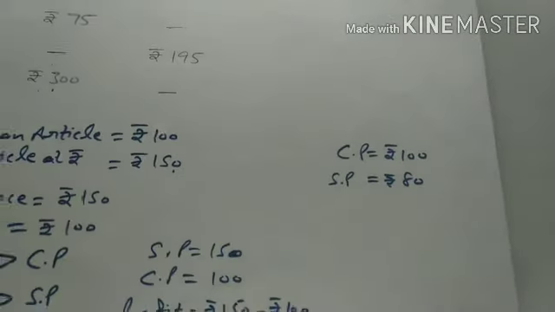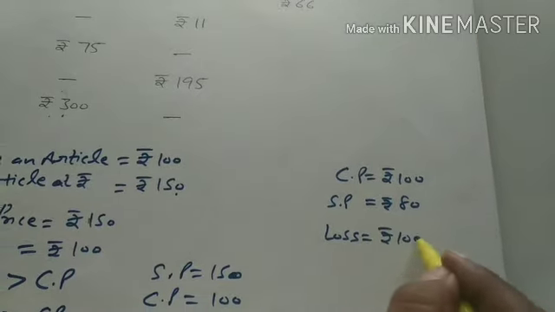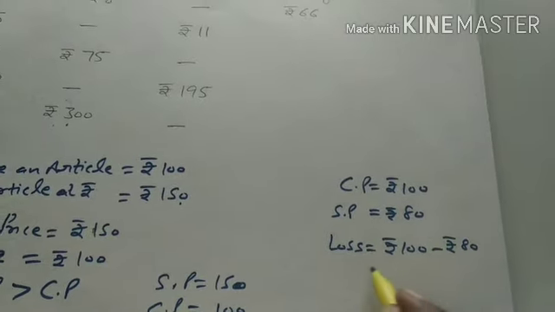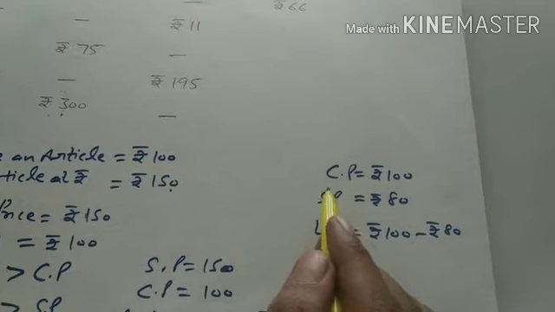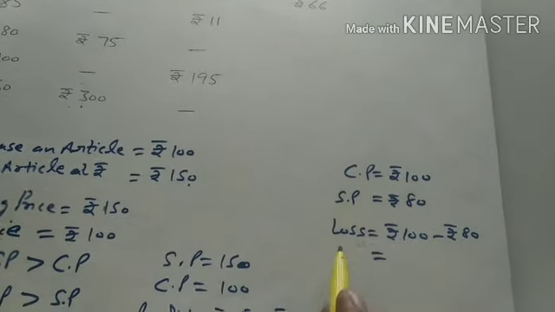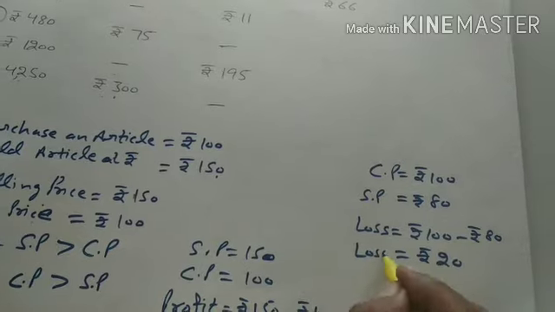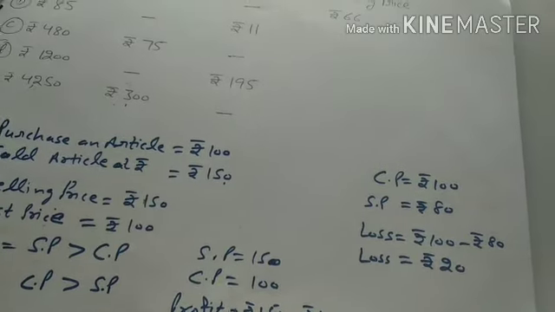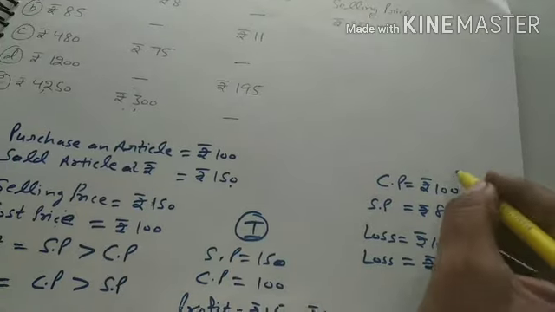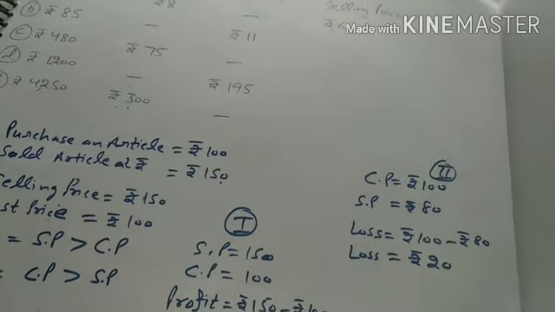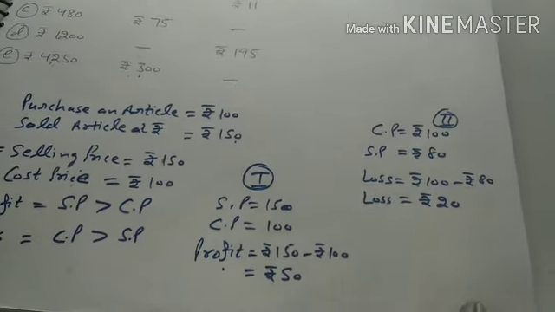You will have to bear the loss by subtraction, 100 minus 80, because cost price is greater than selling price, therefore this is a loss. So what is the answer? The loss is rupees 20. So student, these were the two examples. The first case was of profit and the second case was of loss. This is the concept I have taught you in this video.